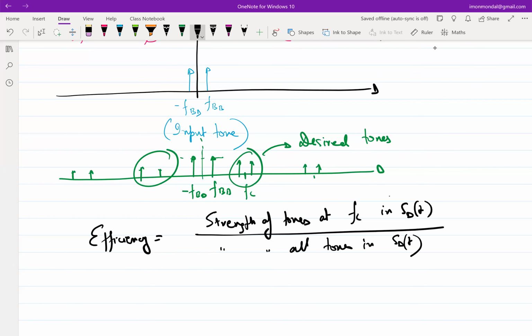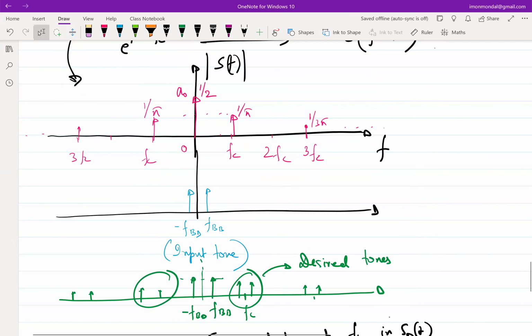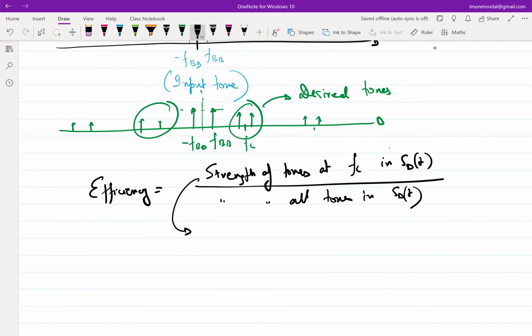So when you are trying to find out power from a frequency spectrum, all you have to do is square the strength of the tones, right? So the strength of the desired tones at FC is what? The top one is 1 over pi squared plus 1 over pi squared. So this is 2 over pi squared. Fine. What about the strength of all the tones of SD of t?